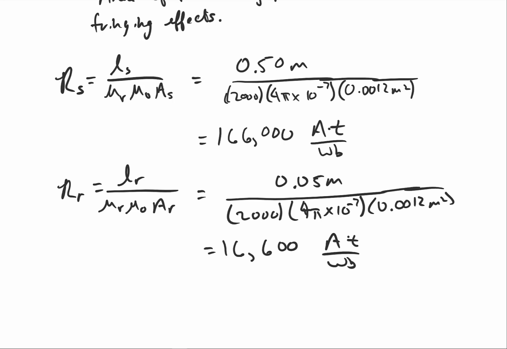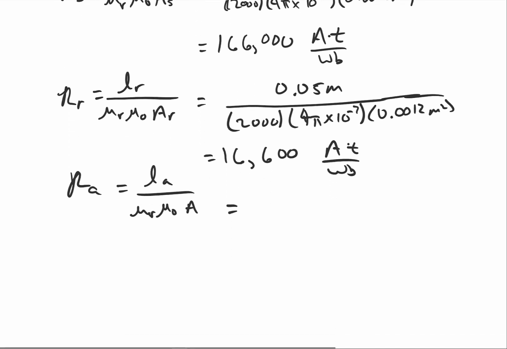Finally, we have the air gaps. R sub A is L sub A over mu R, mu naught A. And the length is 0.005 meters. It's 3 zeros, meters.